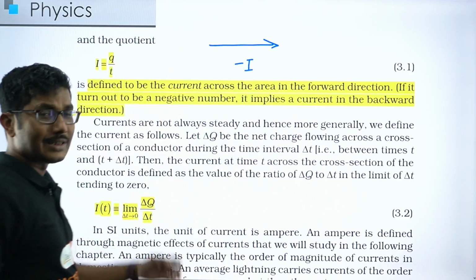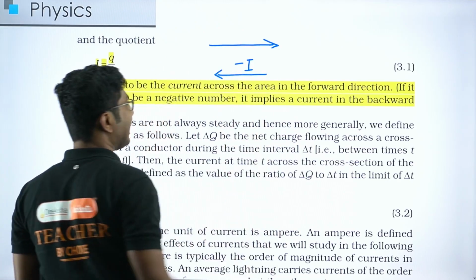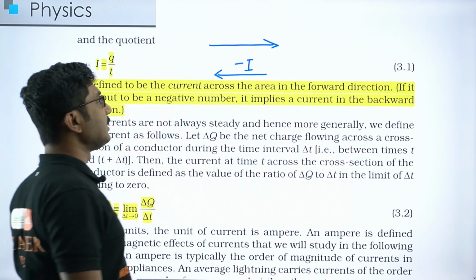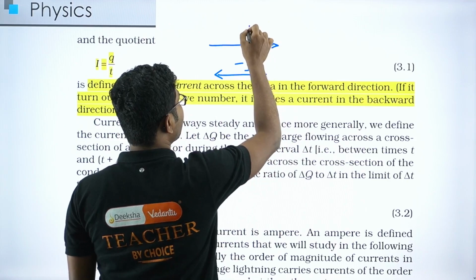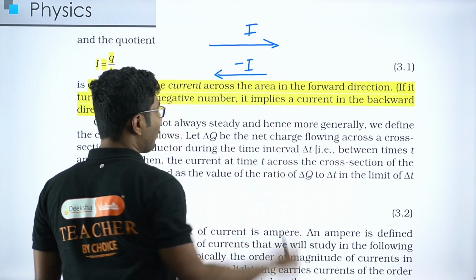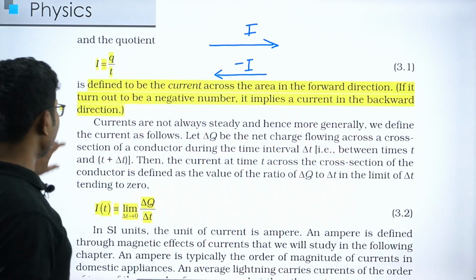In that case, what is the meaning of the negative current? Negative current means that in reality the current is actually flowing in the opposite direction. So if the current in this direction is positive I, then current in this opposite direction is negative I. That's it. As simple as that.